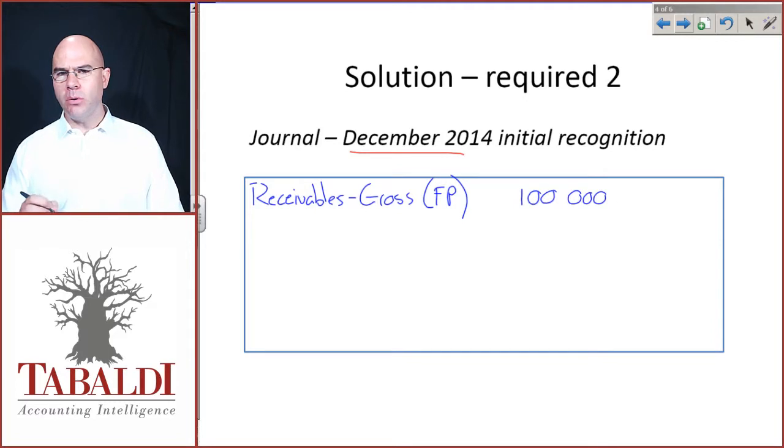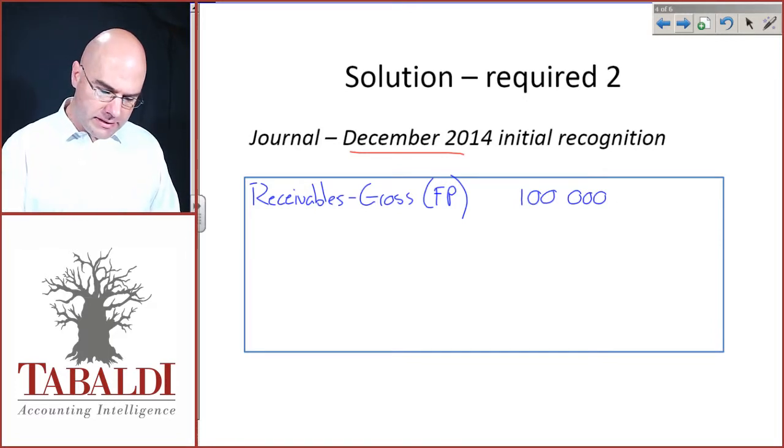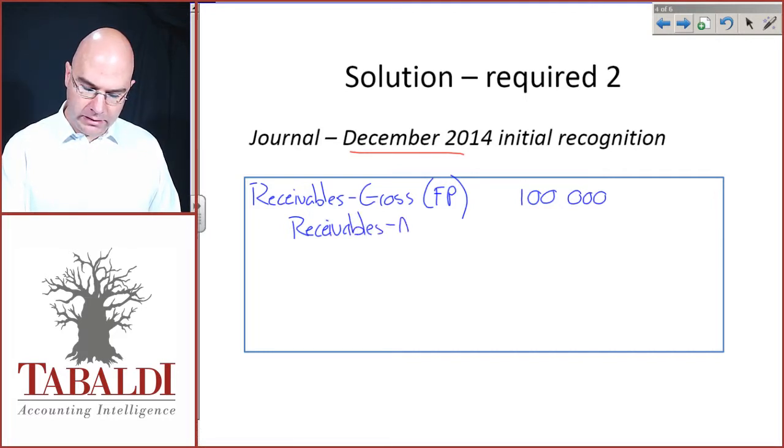Okay. Very important, we need something to recognize or reconcile back for our VAT records. The other side now is going to be also a receivable. Receivables. But we will call this an allowance account for settlement discounts.